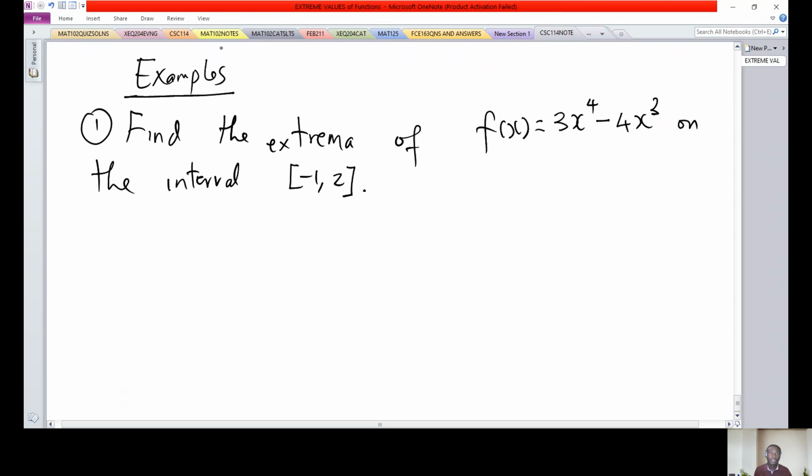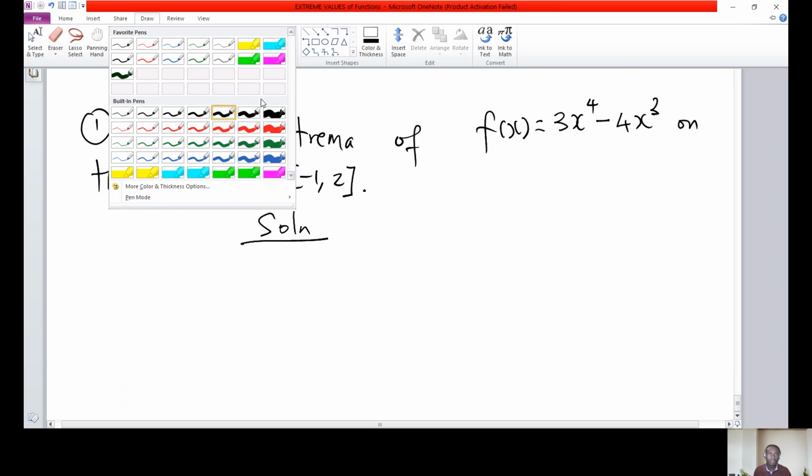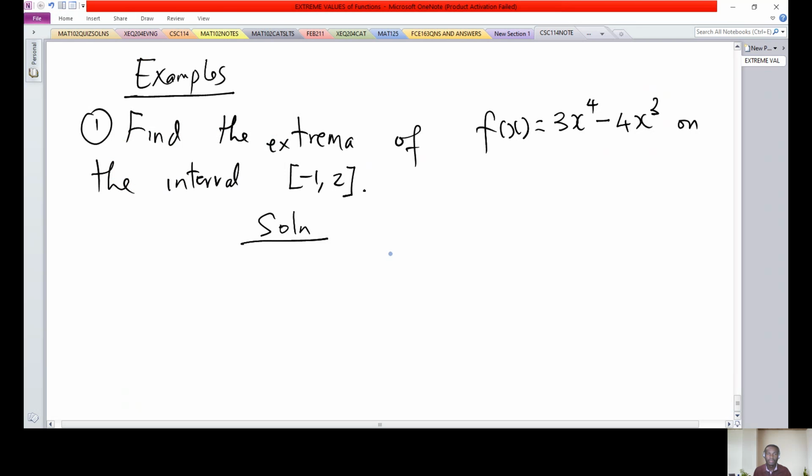Just follow the steps. Solution: we find the derivative of the function, which is 12x cubed minus 12x squared.